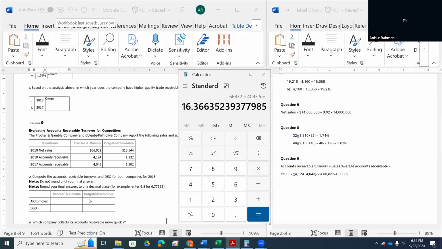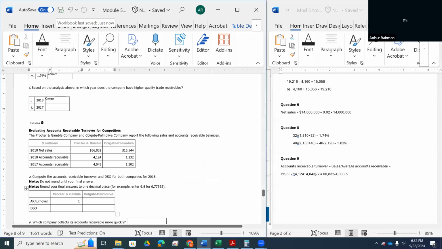So it will be 16.4. If we follow the same process, we will get 12.3 for Colgate-Palmolive.